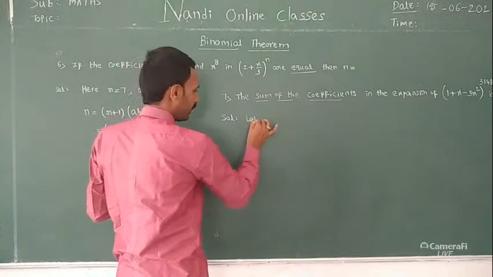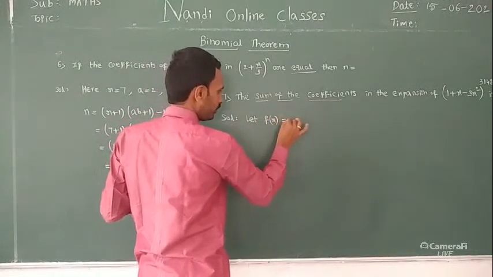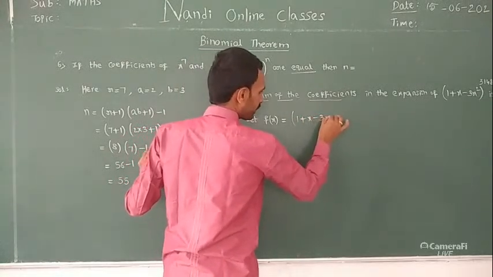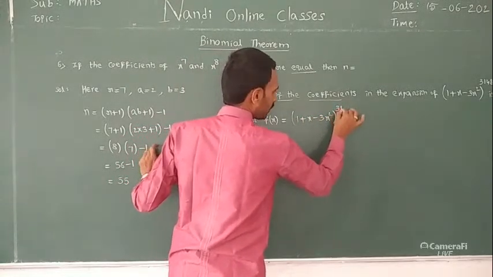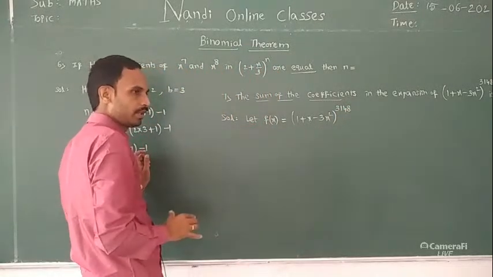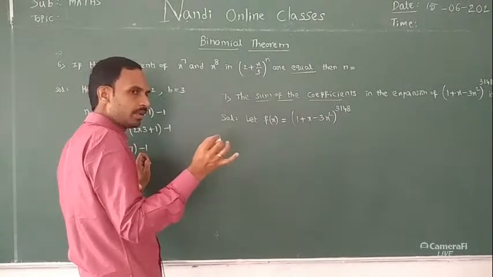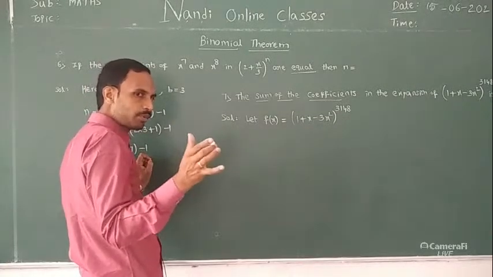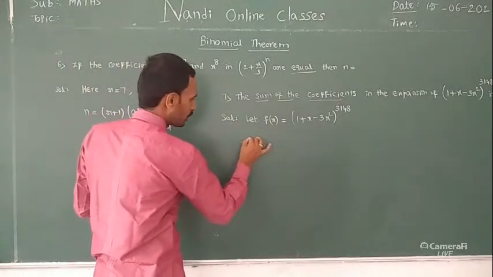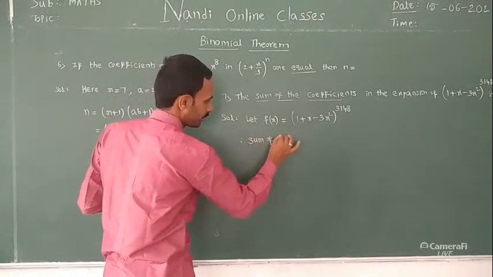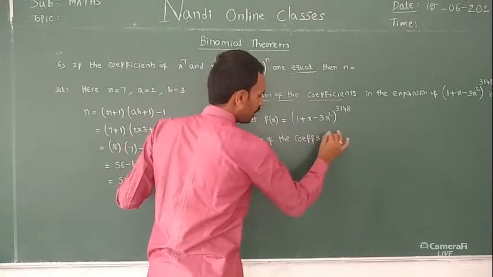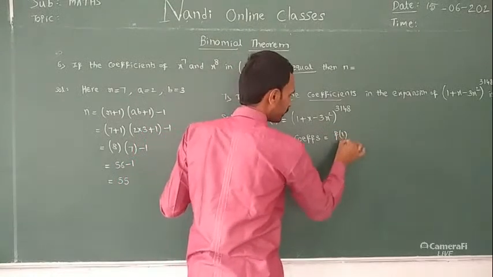So let f(x) = (1 + x − 3x²)^3148. I assumed the given function as f(x). According to the synopsis, the sum of the coefficients formula is f(1).